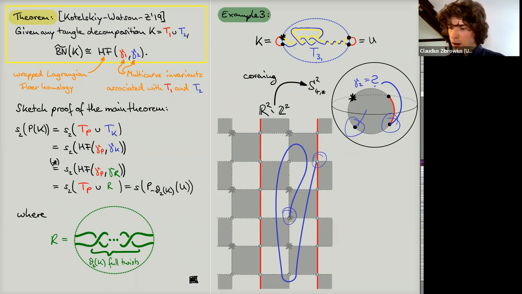People who are familiar with these multicurve invariants for 3-manifolds with torus boundary will already be familiar with this kind of game. If you imagine this picture as sitting in the plane, with the integer lattice points as wooden pegs, and this curve made out of rubber, I could now pull this curve tight.